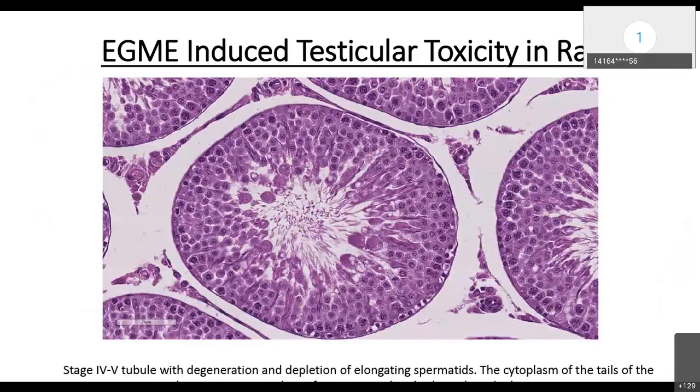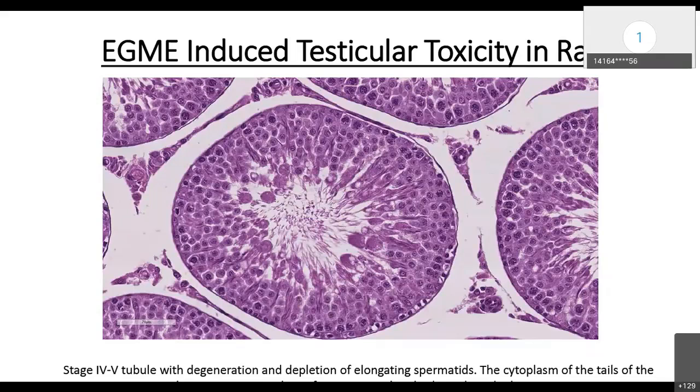This is ethylene glycol monomethyl ether, EGME, induced testicular toxicity in rat. The center one is a seminiferous tubule from testis, and the testis is such an organ that it undergoes a number of physiological changes.